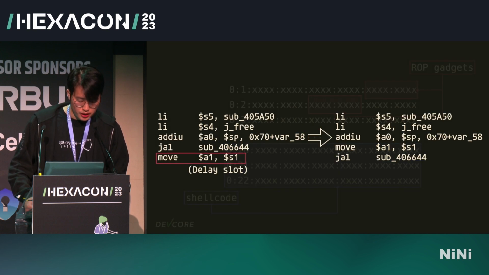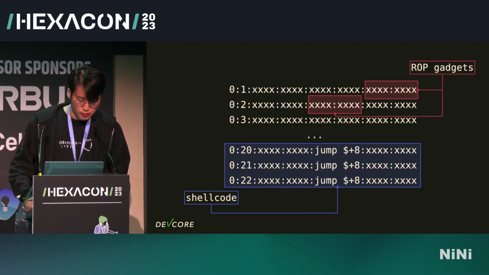But because of the delay slot of MIPS, which means the instruction after the branch instruction will always be executed before the branch instruction itself, we have to move the jump instruction forward. But the other problem is you cannot do a syscall in the delay slot. So basically, this is a bad idea.